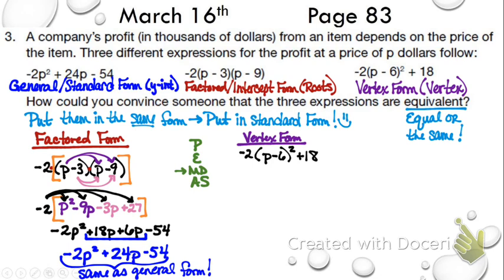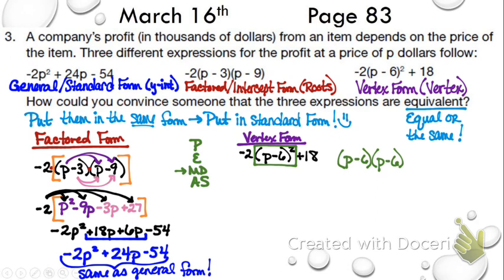Parentheses. So I'm looking inside my parentheses. Can I do anything? What about exponents? Yes. What does it mean to square something? Multiply it by itself. I'm going to pull that off to the side because I'm going to have to use some double distribution. You do not just square the p and square the 6. You have to double distribute because you're taking p minus 6 and multiplying it by itself.